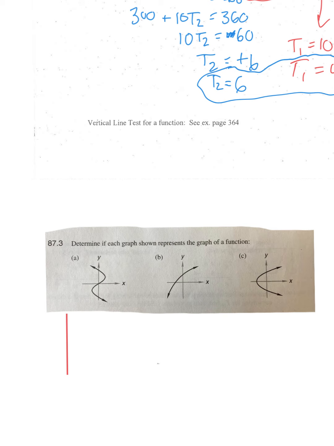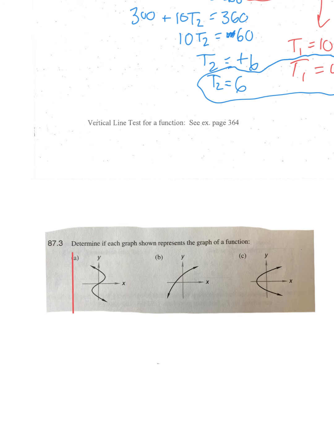And the way that you're going to do that is that you take your vertical line and you move it across the x-axis, essentially from left to right, like I'm doing here on the screen. If this particular graph passes the vertical line test, what that means is that at every point that you move it across, it's only touching one point within that graphed section.